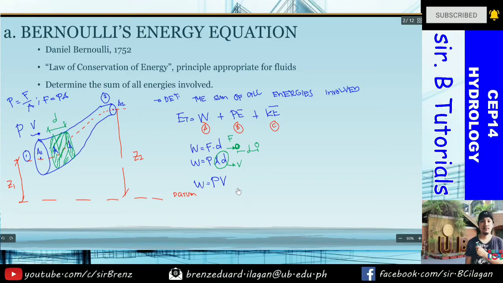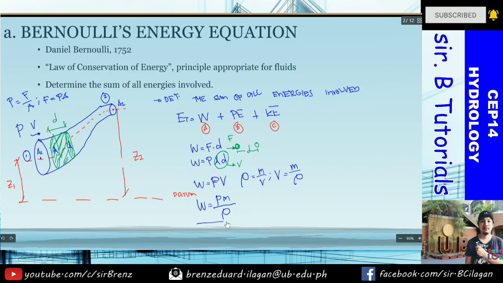And ang mangyayari dyan, if i-relate natin siya doon sa kanyang fluid properties natin na density or yung rho, di ba ang rho is just equals to the mass over volume? And if you're going to solve for the volume, that is equals lang sa mass over rho. So in short, itong work mo, another variation na equation na yan, will be equals lang do sa pressure P multiplied by the mass nung dumadaloy na tubig all over the rho or the density of the fluid flowing in this stream. Okay?